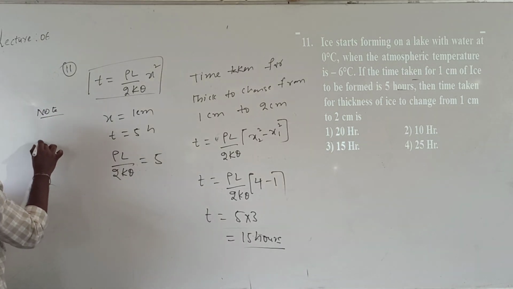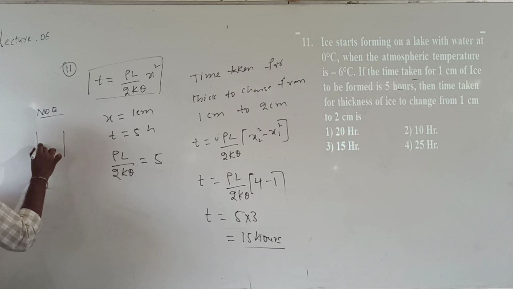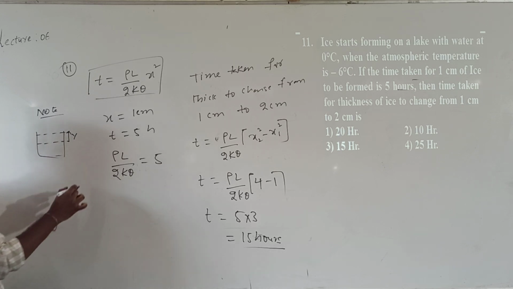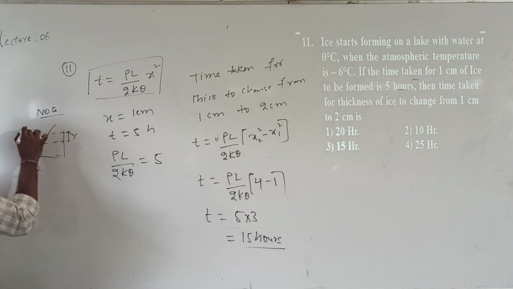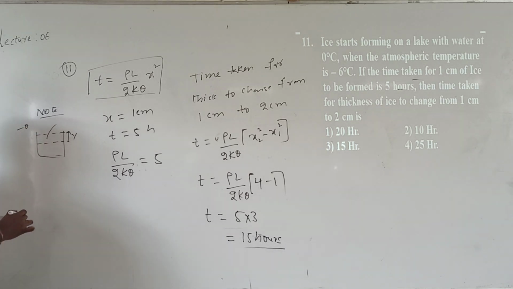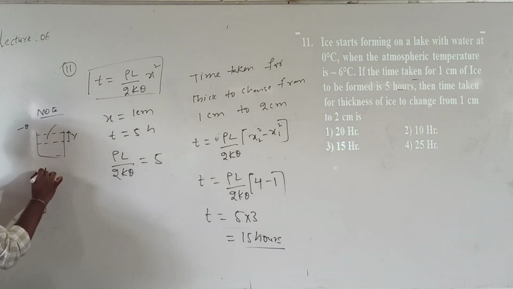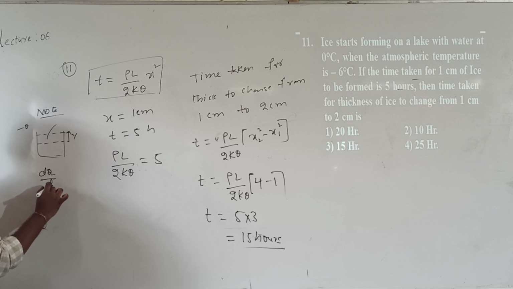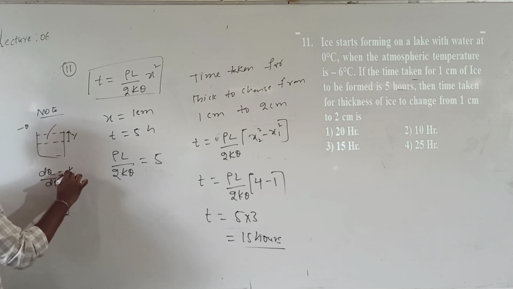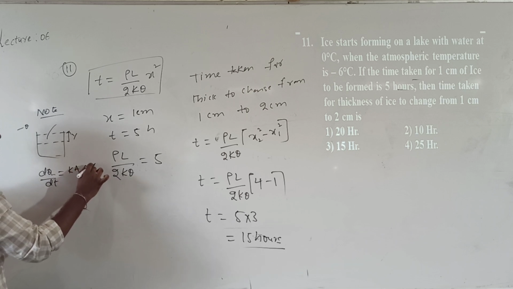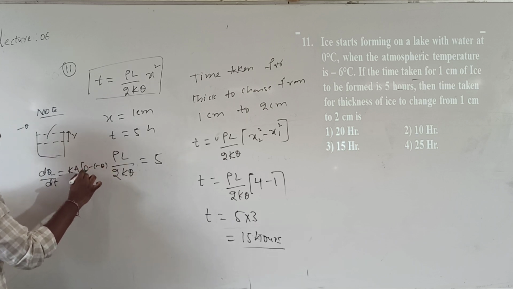Here is a pond, and initially there is water. Now the thickness of the ice, let me call it y. The surrounding temperature is minus theta, so heat is escaping to the surroundings. The water will be getting cooled, so the thickness of the ice layer increases. How much is the rate of heat flow? Heat loss dQ by dt is given by K into A into the temperature of the water, which is 0, minus the temperature of the surrounding, which is minus theta.